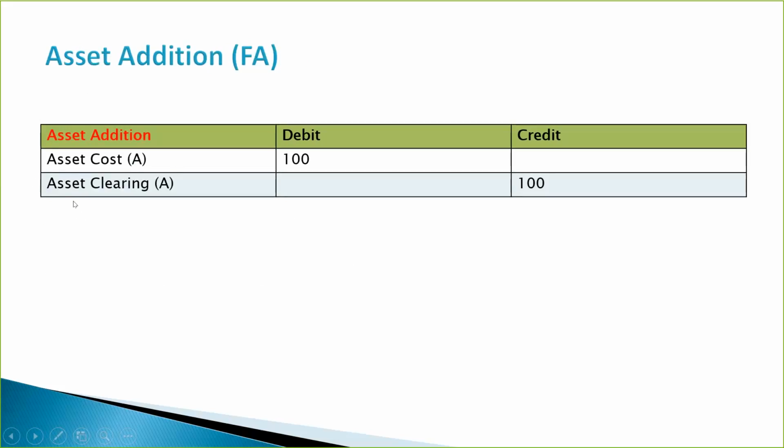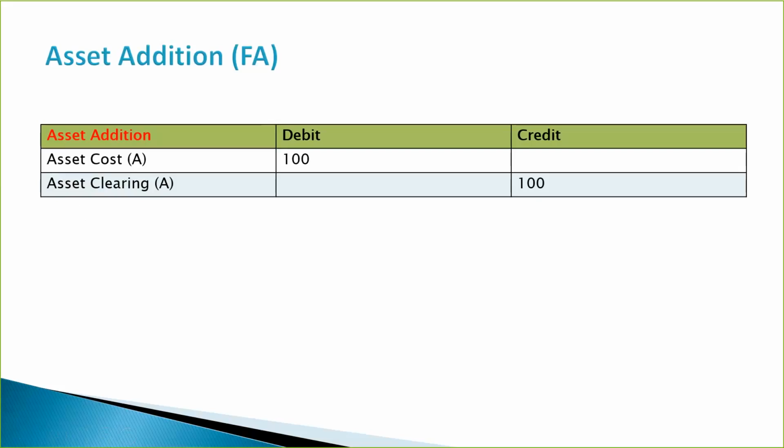We could have just said, well, we paid cash for this, so let's credit cash and have this as our accounting. But that's not what happened, because first, as you have seen, we don't have any cash account setups in FA, so we can't affect cash in FA. We can't touch the cash account in FA, but you can do that in AP and AR.